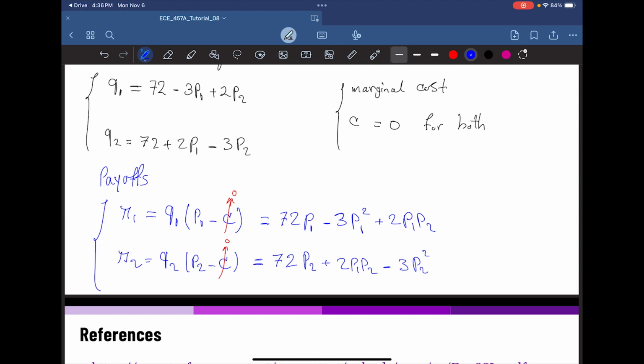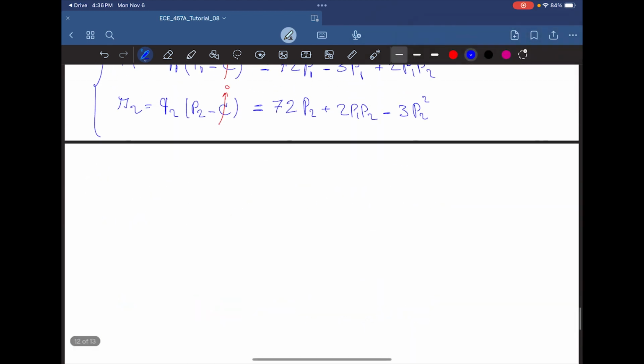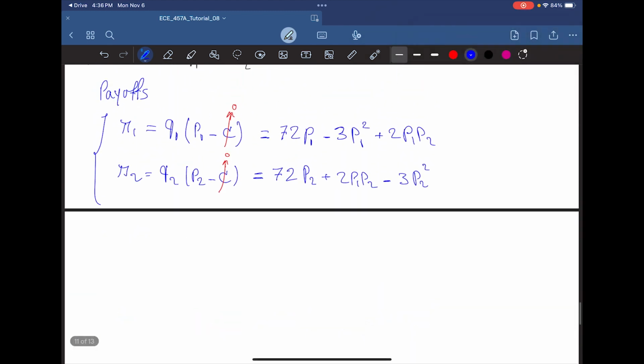That would give us the reaction functions. So I need a new page. Okay. So for the first company, R1 equals partial derivative of pi 1 with respect to P1. That'll be 72 minus 6 P1 plus 2 P2 equals 0.